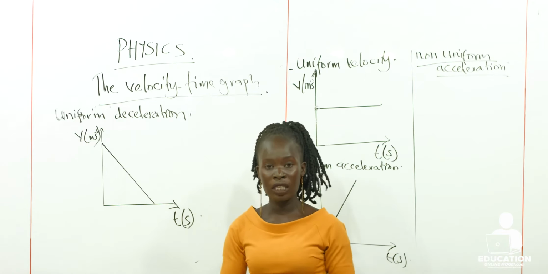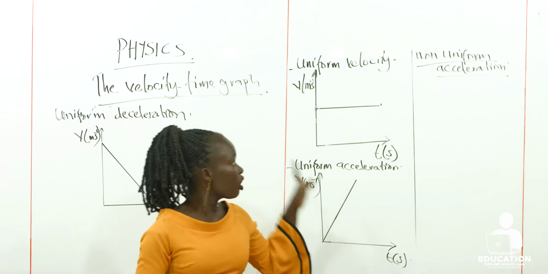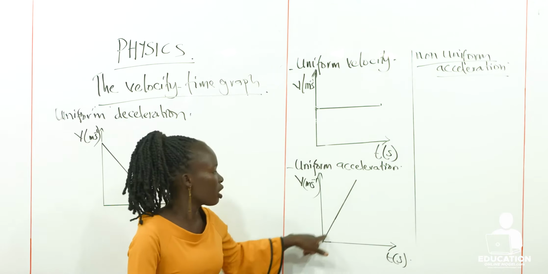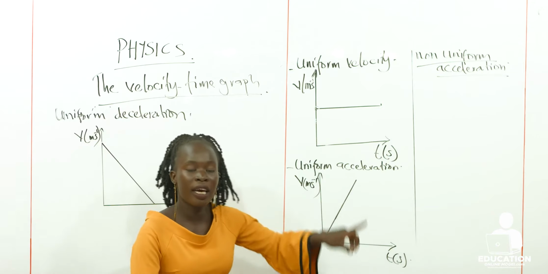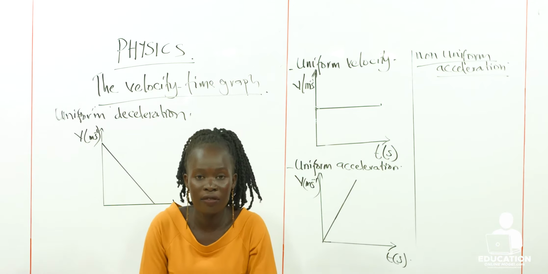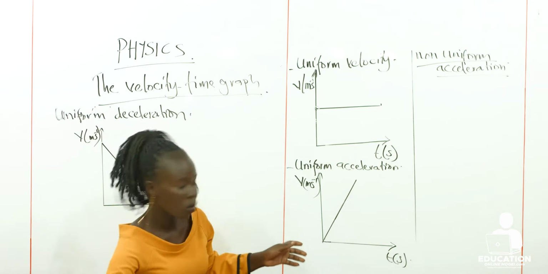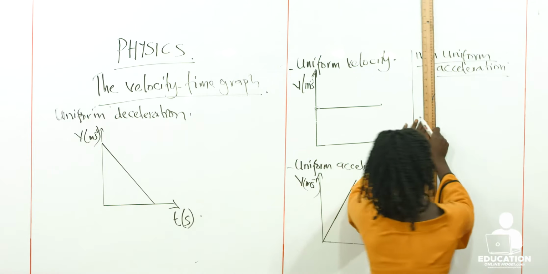So how would it look? With non-uniform acceleration, instead of attaining a straight line, you will get a curve. Instead of having this line, you're going to have something like this.